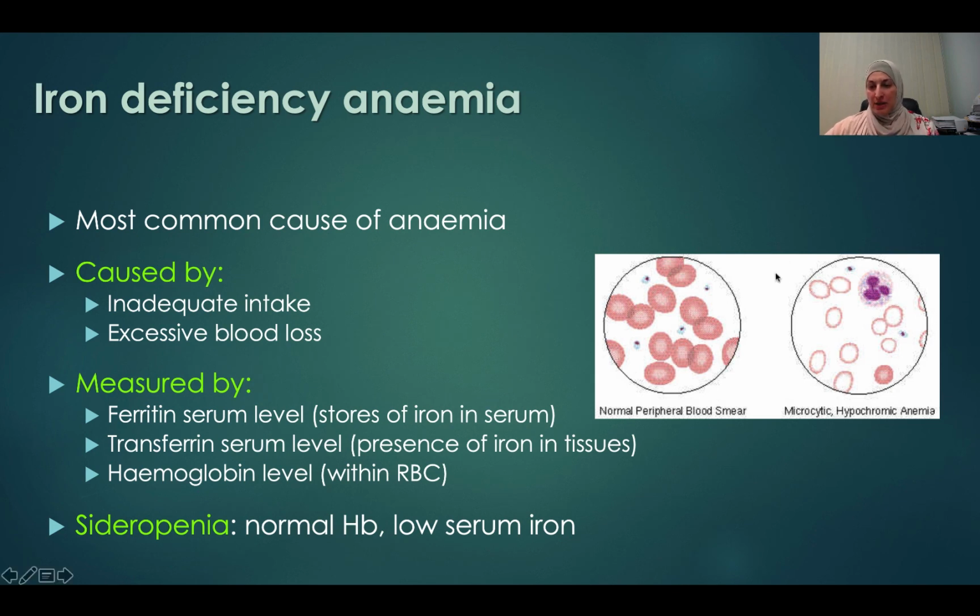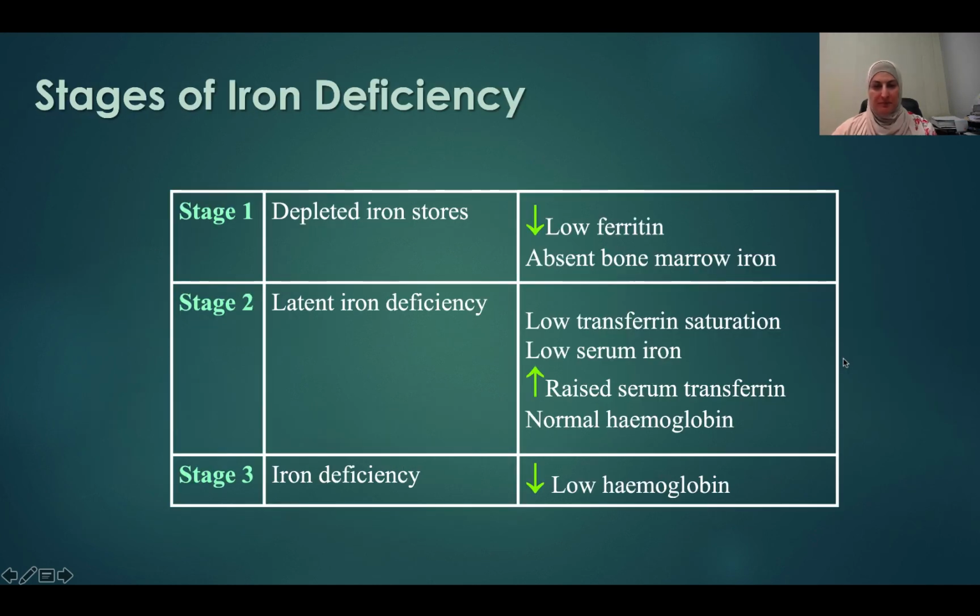This shows the difference between a normal red blood cell and the red blood cell in iron deficiency anemia. You can see the RBCs are smaller in size, they are microcytic, and they are hypochromic. The pigmentation is reduced as well.